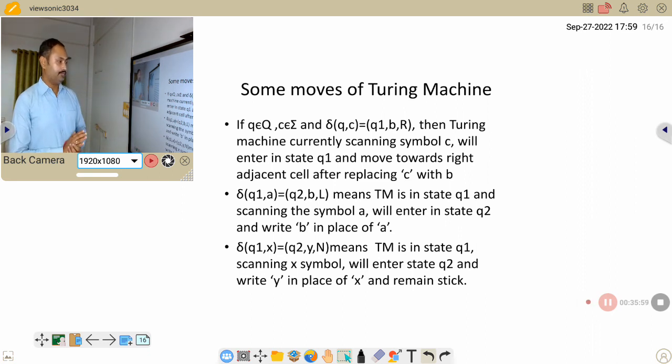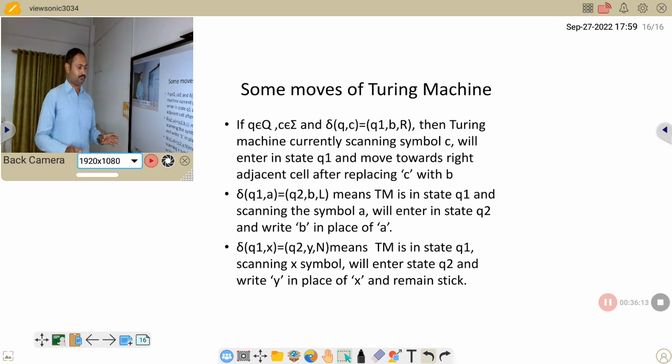After performing the write operation, it can also add a specific symbol into the tape. It can also remove a specific symbol from the tape, or it can do nothing, means the read-write head remains neutral in nature. So these are the special movements which are performed by the Turing machine.